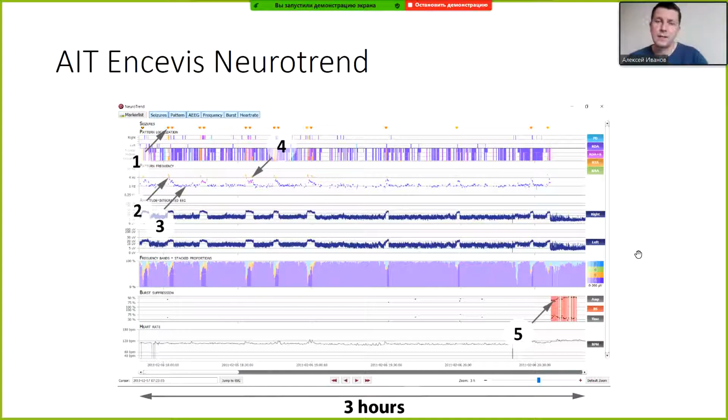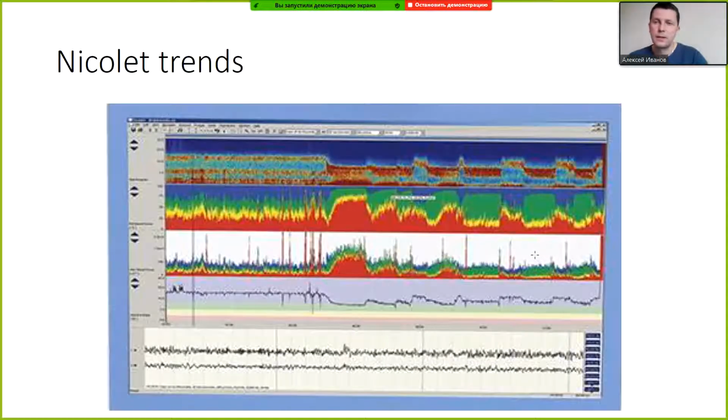Here is Encevis NeuroTrend from the Austrian Institute of Technology. Here we can also see different types of trends at 3-hour sweep speed. Nicolet trends also present different calculated parameters such as rhythms, indexes, amplitude integrated EEG and others.